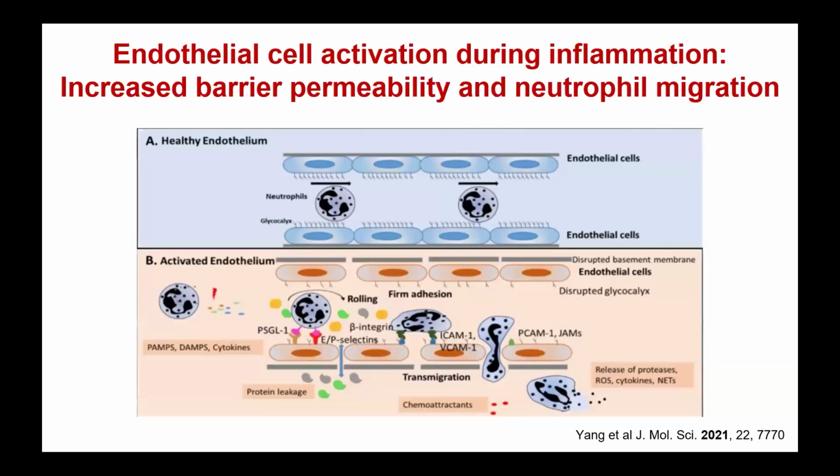In terms of the general idea of inflammation, I probably don't need to do this for this audience, but in a healthy endothelium, neutrophils do not interact very much with endothelial cells, so we don't have an inflammatory response. However, when endothelium is activated during diseases such as sepsis, two distinctive things happen.